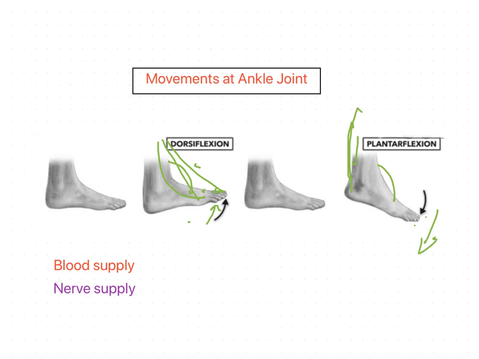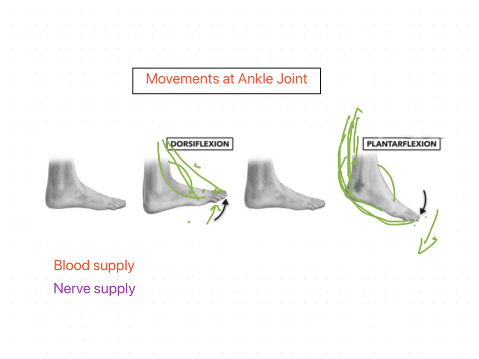The accessory muscles include the plantaris, tibialis posterior, flexor hallucis longus and flexor digitorum longus muscles. So these are the muscles which help in the movements at the ankle joint.